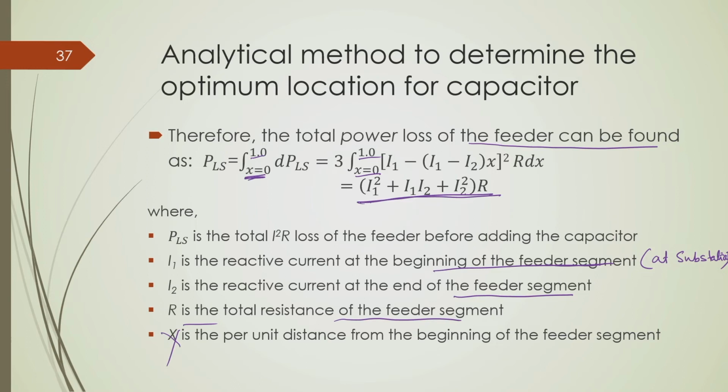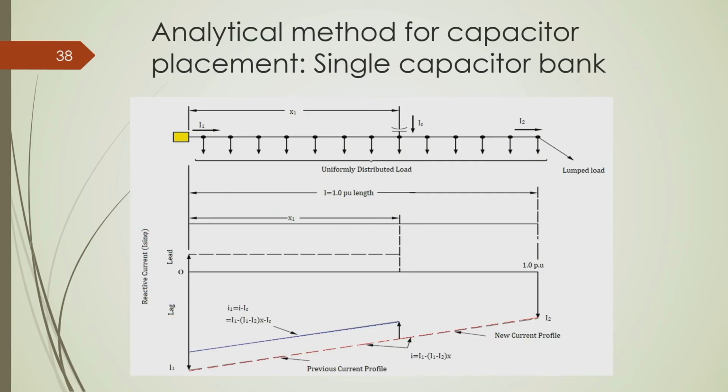Now, we will see what happens if we put a single capacitor bank at some point which is x 1 distance away from the substation, and how our reactive current component will change.